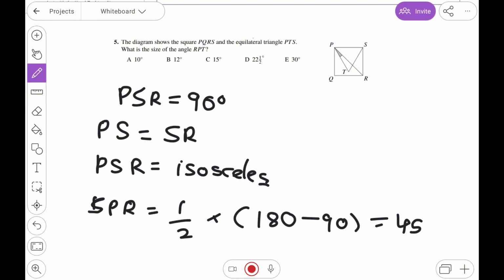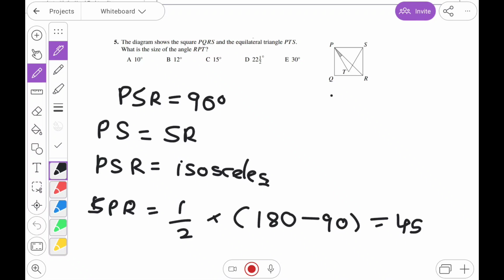Okay? Next, we know that PTS is an equilateral triangle, which means each angle is 60 degrees. Because of that, SPT is 60 degrees. To get RPT, which is what we want, we need to do SPT, the big bit, subtract the excess part that we don't want, which we know is 45 degrees.